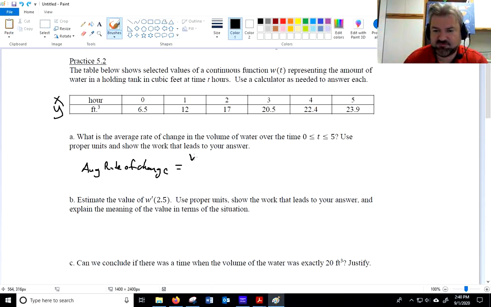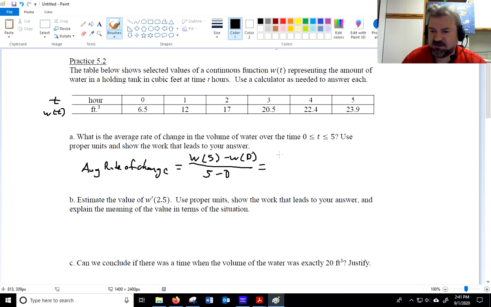You don't have to show this, but since this is w of t, well, I used x and y earlier, but that was to make a point. But this is, we're graphing t as our x, and this is w of t as our y. So it's w of 5 minus w of 0, because I'm going from 0 to 5, over 5 minus 0. I want that pattern in your head. f of x2 minus f of x1 over x2 minus x1.